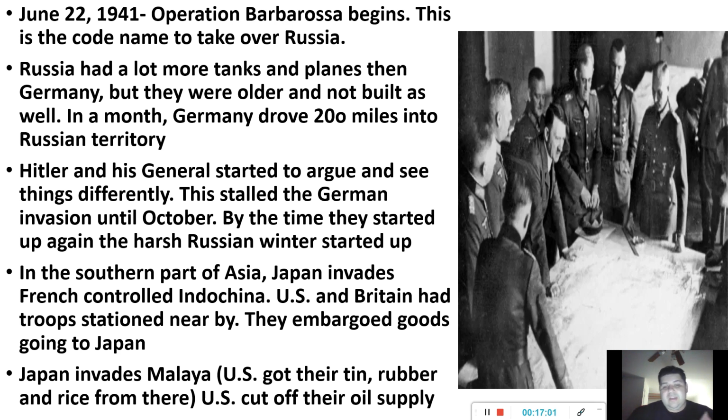So trade is important. But with the United States and Britain basically putting a strangle on that trade, things are getting bad for them. So what they do in retaliation, because they saw this as a slap in the face to them, is they slap back at America by invading Malaya.